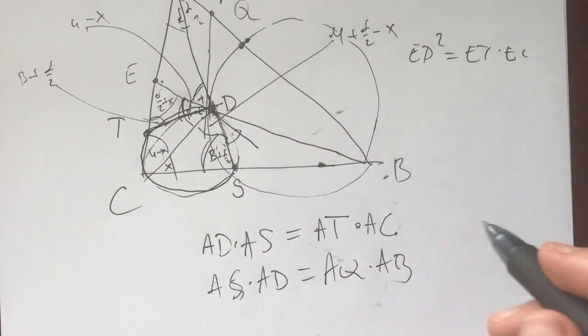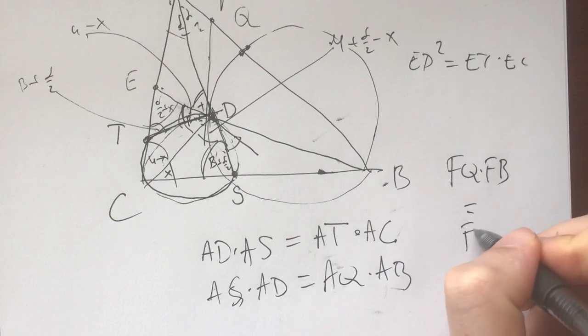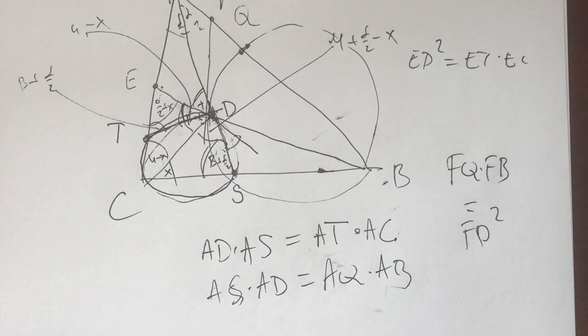And now we also have that FQ times FB is FD squared. Now, is this useful or not? We don't know. It seems like something decently interesting. I'm not sure about it yet.